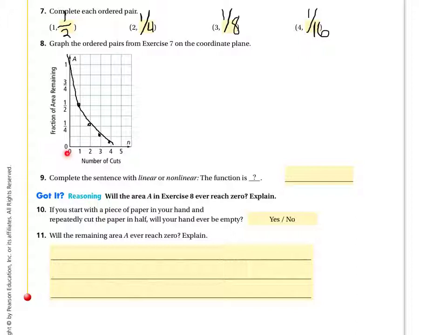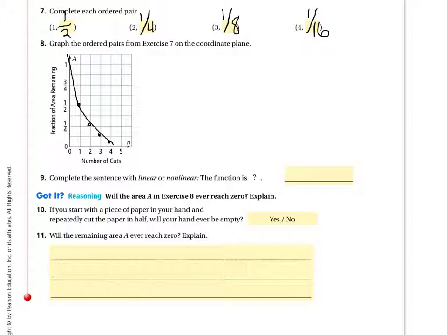So I'm going to start at the center, go over 2, and up to 1/4 because my x is 2 and my y is 1/4. Next is 3, then up to 1/8, which is halfway between 1/4 and 0. The next one is 4 and 1/16, which is halfway between this first line and my axis.